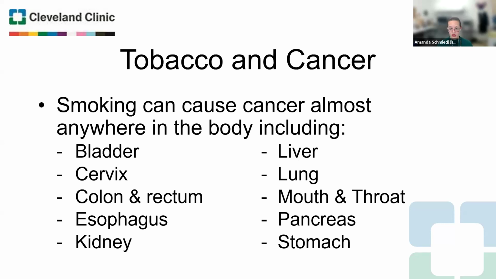So if you're between the ages of 50 and 80 and you currently smoke or have recently quit, you should be talking to one of your healthcare providers, whether it's your PCP or your current cancer doctor, about getting a screening CT chest to look for lung cancer. And then screening colonoscopies are recommended for anyone 45 years of age and older with normal risk, or younger depending on your familial risk. But again, talking to your provider is really important, given that we know that this population has higher incidence of tobacco use.